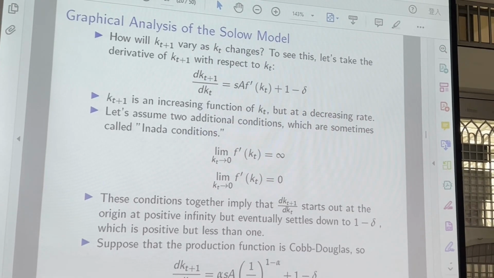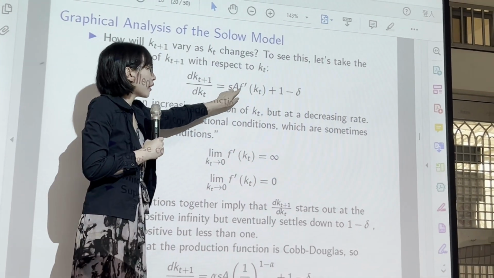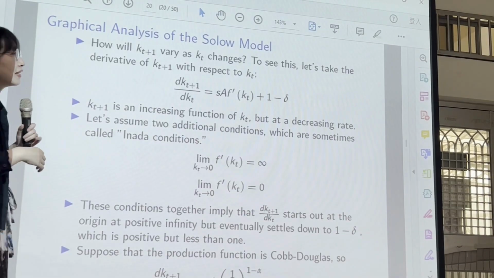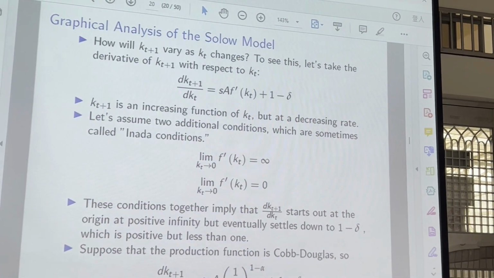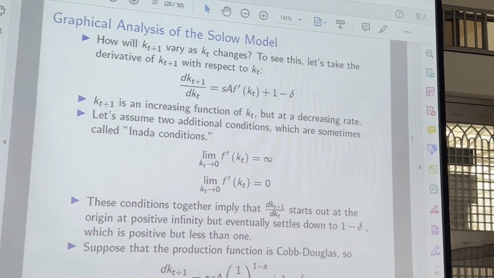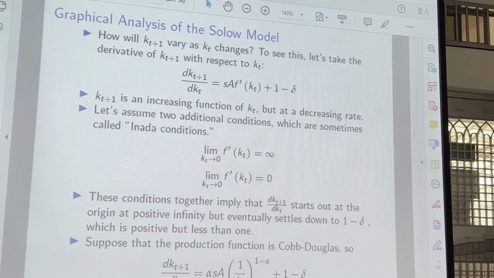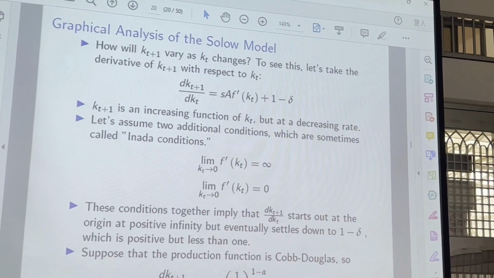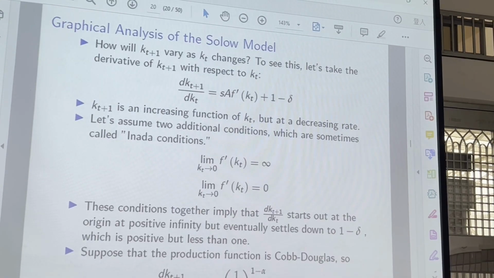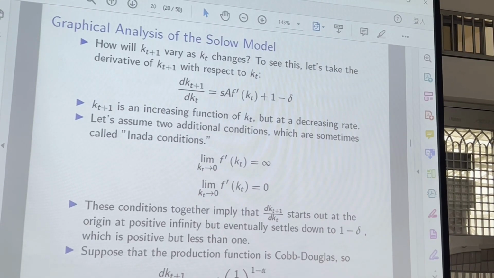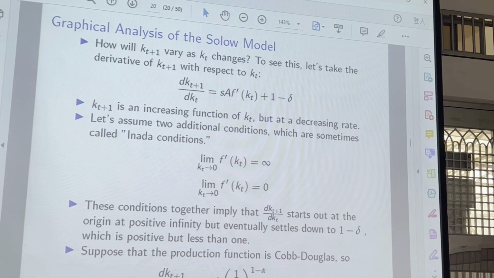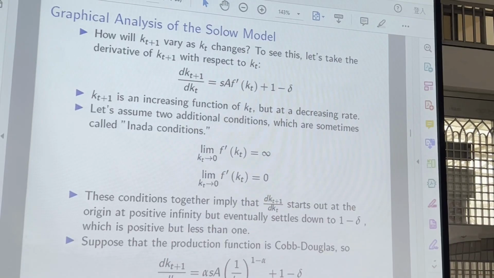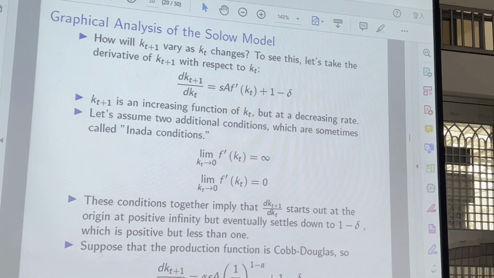Why is that? Because f double prime is negative, right? So KT plus 1 increases in KT, but as KT gets larger and larger, the incremental change gets smaller and smaller. Despite the fact that the incremental change is positive, the positive amount gets smaller and smaller as KT increases.